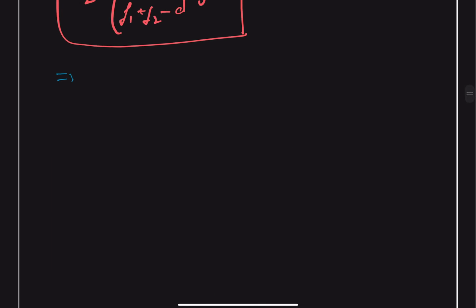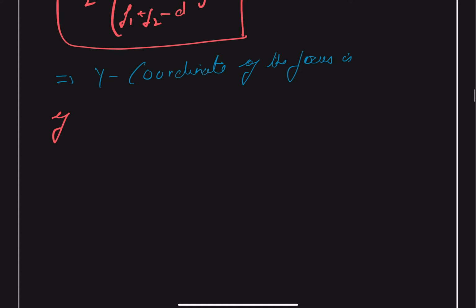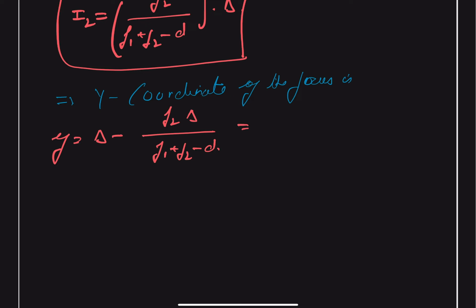So we can say that our y coordinate of focus is delta minus f2 delta upon f1 plus f2 minus d, and we can just solve it further.